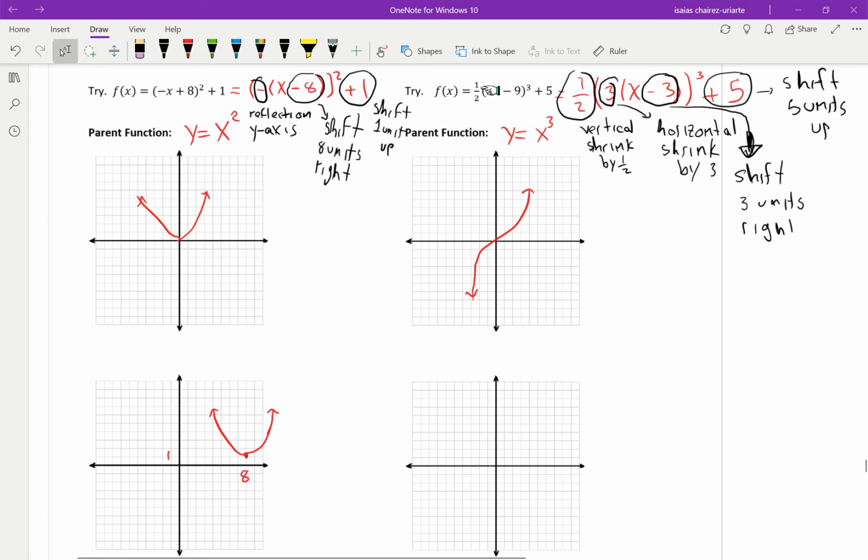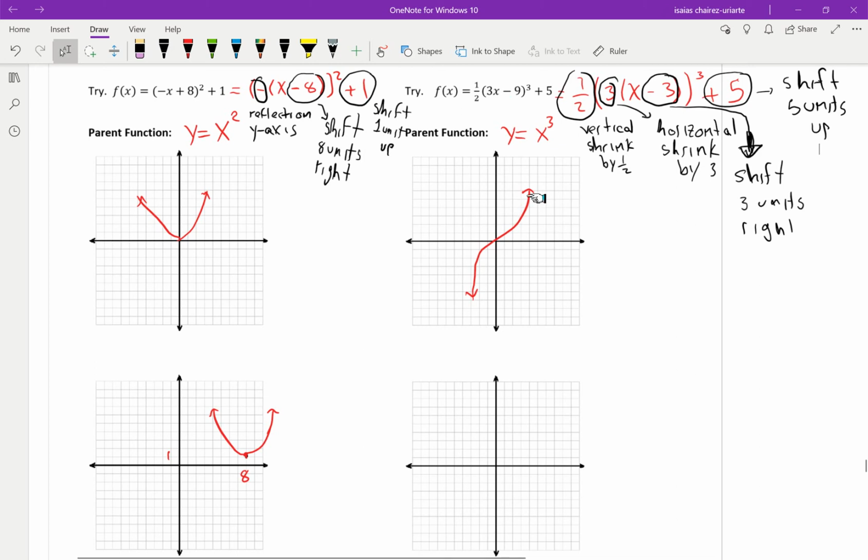Good. So let's see if we can make a sketch of this transformation. We said that we want to take care of the shrinks before we do any shifting. So imagine this graph, vertically shrunk by 1/2, and then I shrink it horizontally by 3, so it's going to get very skinny.